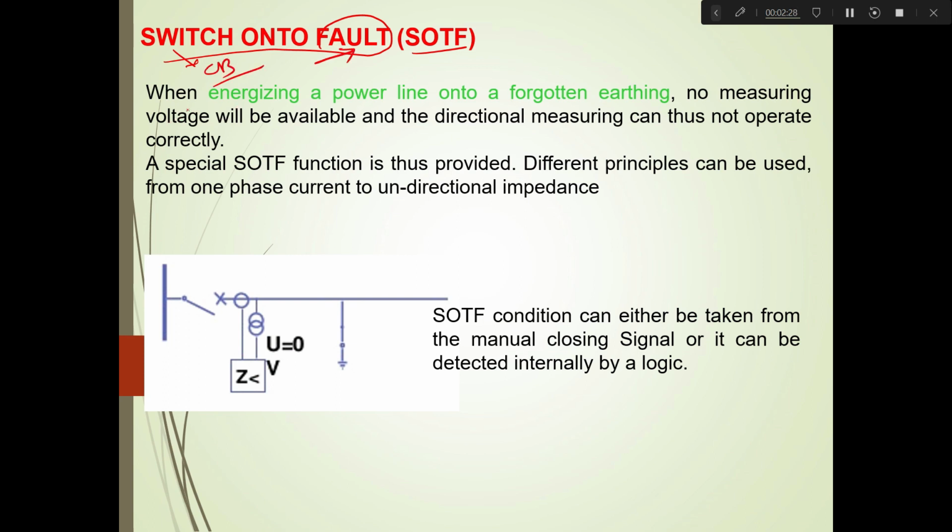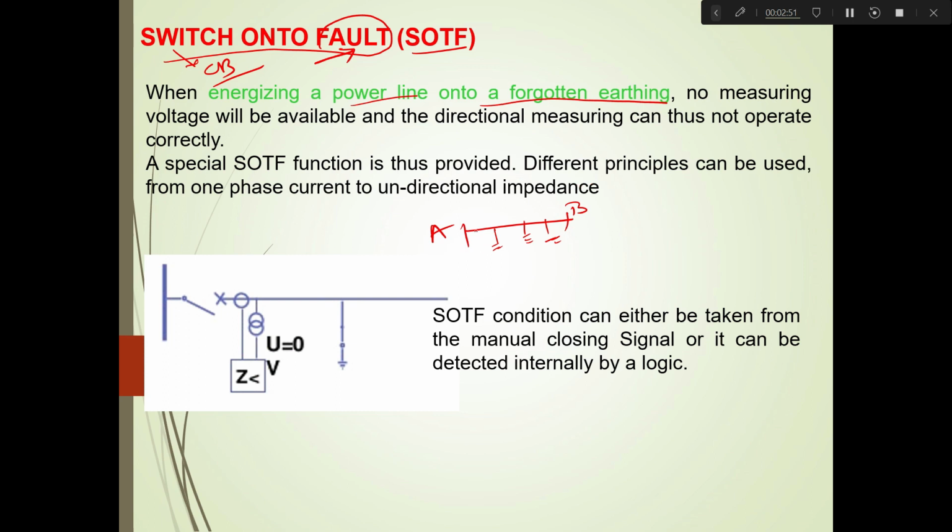Generally we encounter this kind of problem during energization of a transmission line onto a forgotten earthing. It might happen that a transmission line, suppose between two substations A and B, was under shutdown for some maintenance work, and some local earthings were used at different locations.